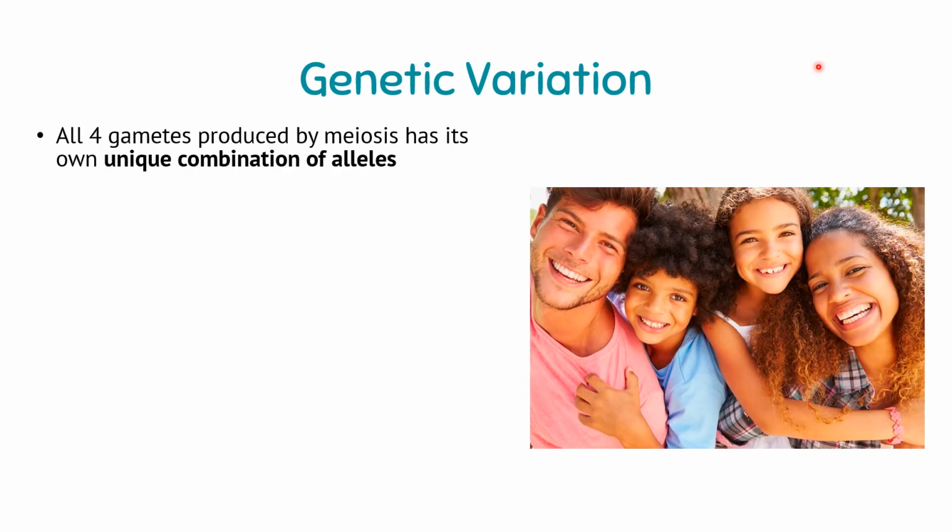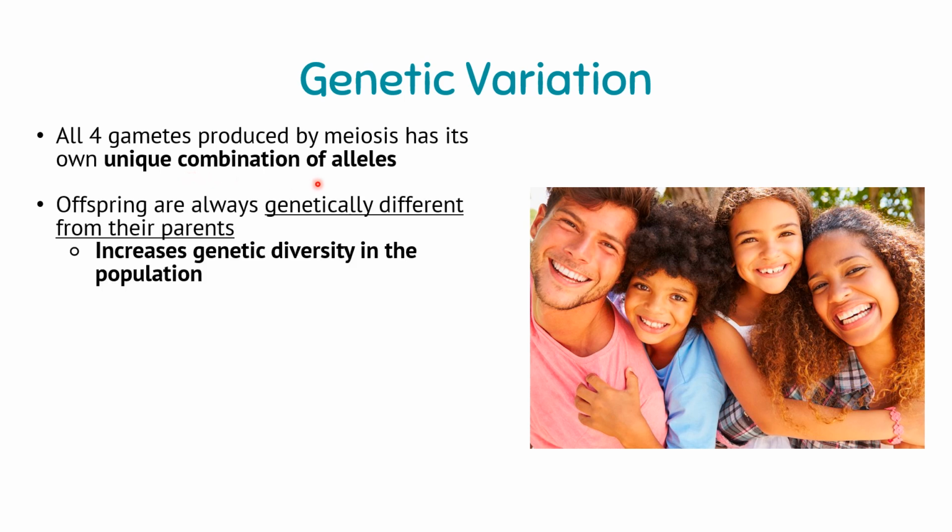So meiosis is super important for genetic variation because all 4 gametes produced by meiosis have their own unique combination of alleles. So these gametes are not the same. And offspring are always genetically different from their parents. And this increases genetic diversity in the population because each gamete is different because of crossing over and because of independent assortment. Offspring can look different as well. This is why you probably look a little bit different to your siblings.